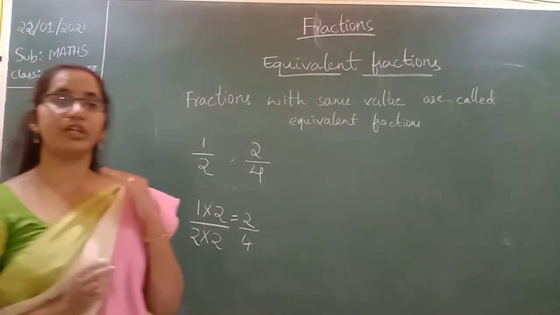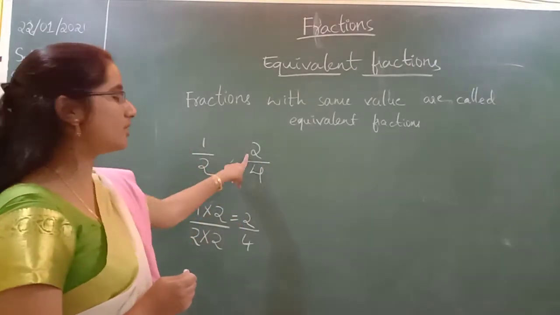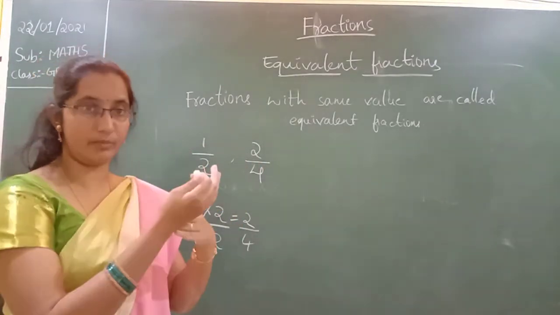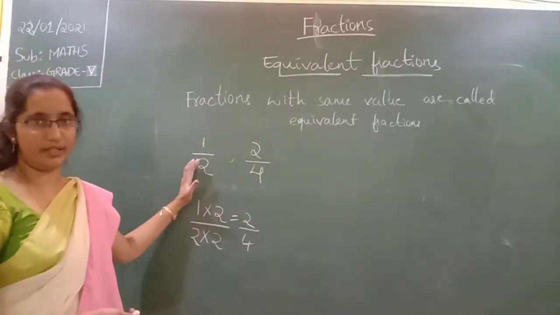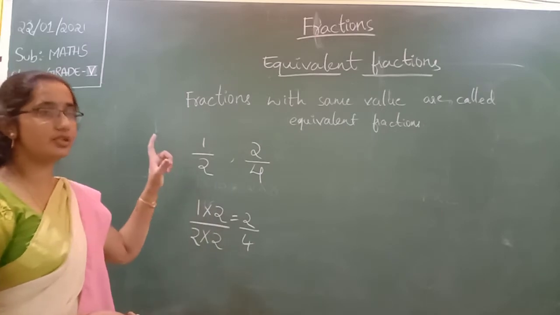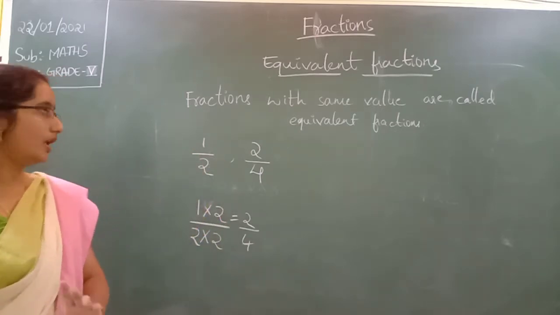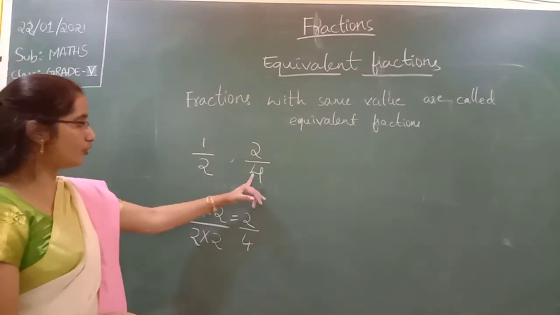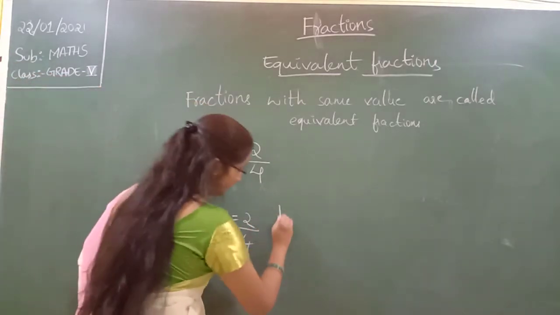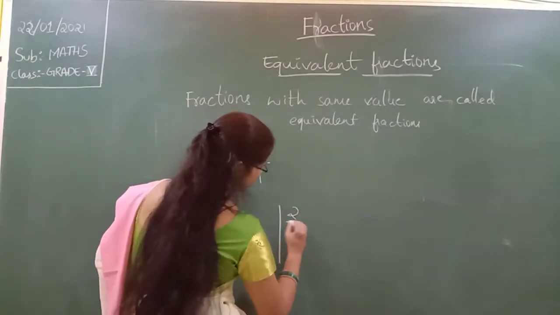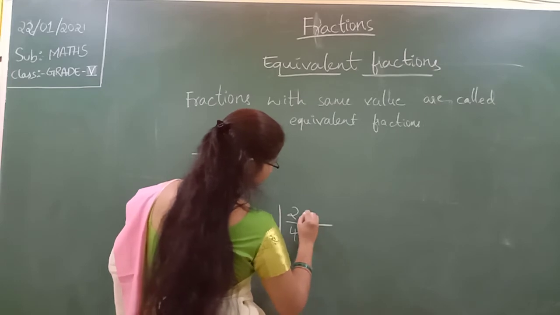When you go into higher terms, multiply the numerator and denominator by the same number, and you will get the equivalent fraction. Next, if we want to go from 2 by 4 to 1 by 2, that is to lower terms, we have to divide. So for 1 by 2, we divide.